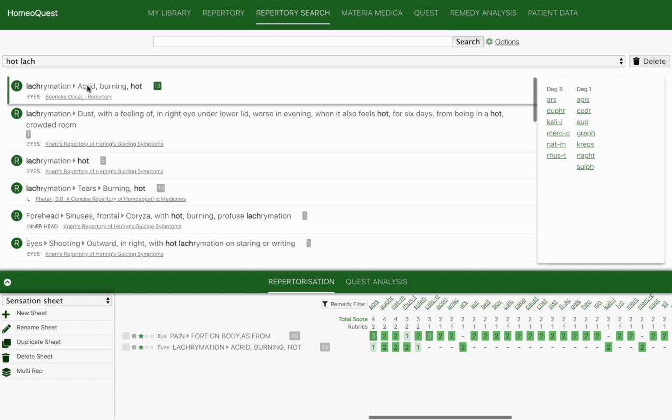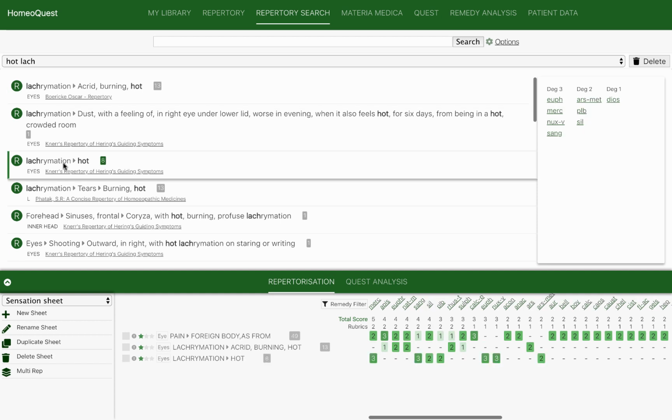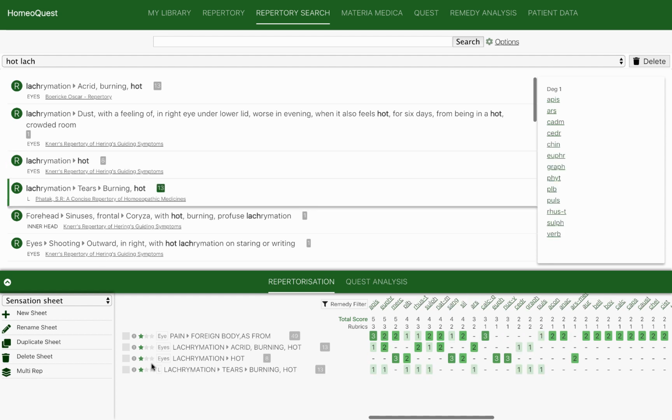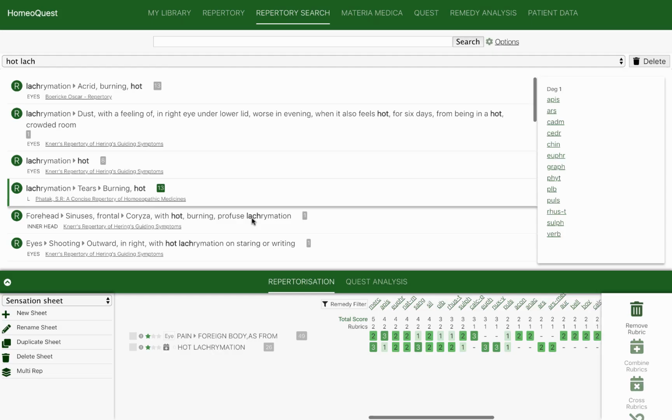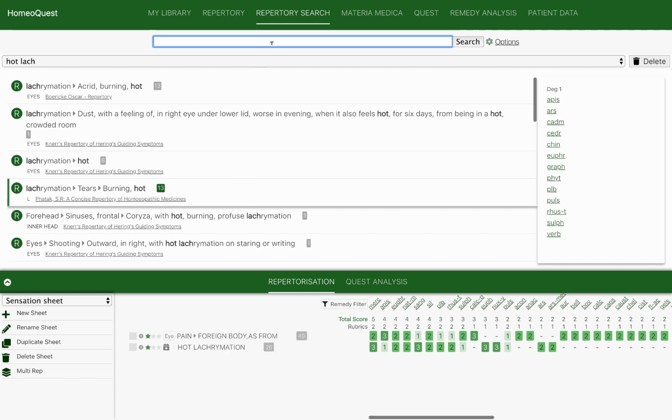Let's take it from Boericke and combine. There's another one here, 13 from Phatak. All right, let's combine. Hot lacrimation. Okay, so I have 26. Goodish. All right, next one.